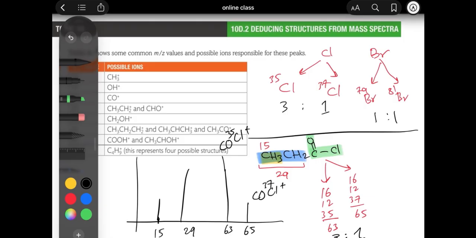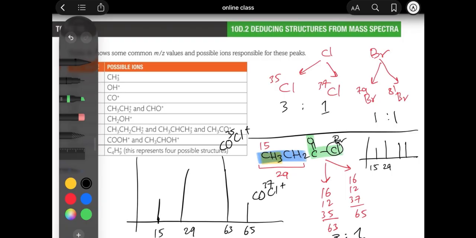And if you do the same procedure, but change this atom to a bromine atom, it's going to be the same thing. We could have a fragment at 15 and another fragment at 29, and two fragments, but they have the same height for bromine.